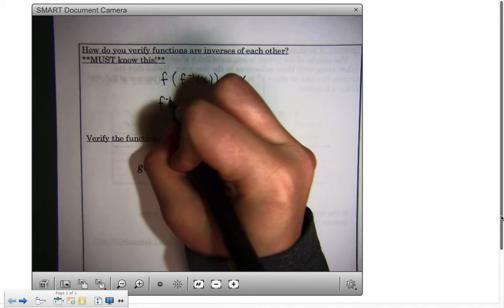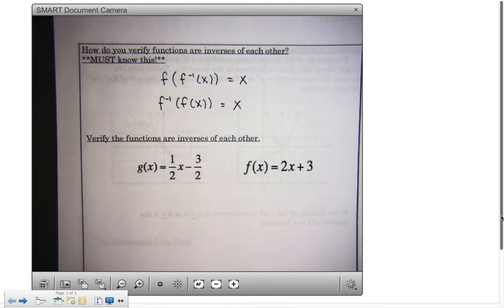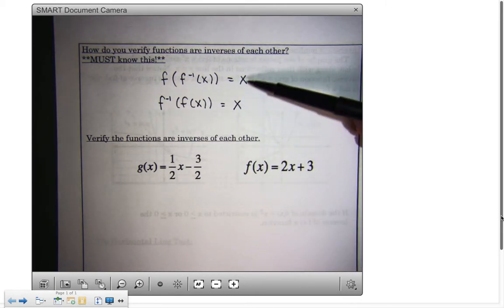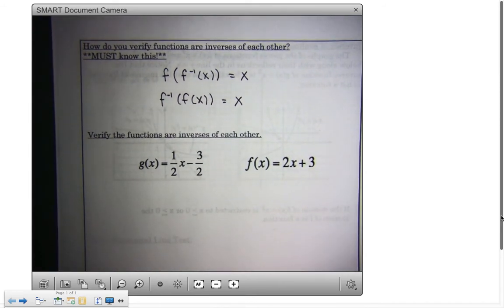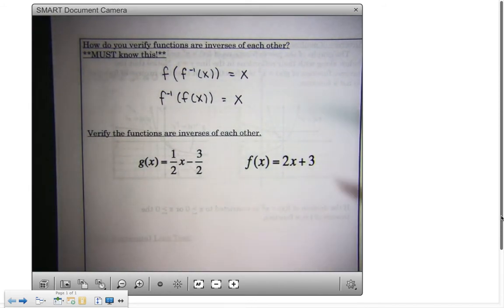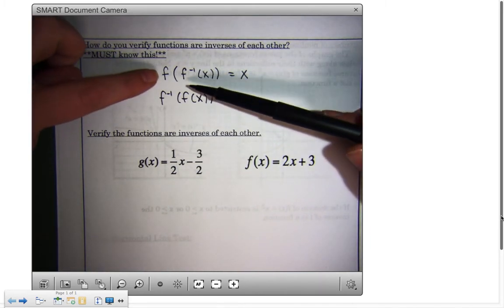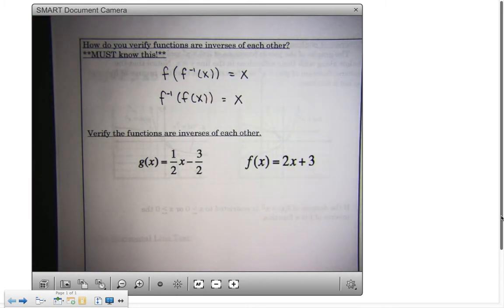And likewise, if you do f inverse of f of x, that should also equal x. If you remember from the investigation we did today, when you graph a function and its inverse, they're reflected over the line y equals x, which is where this x is coming from. It's related to our graph of the function and its inverse. You must show both ways of the composition with f of x on the outside and on the inside. It must work both ways for you to be able to verify it.